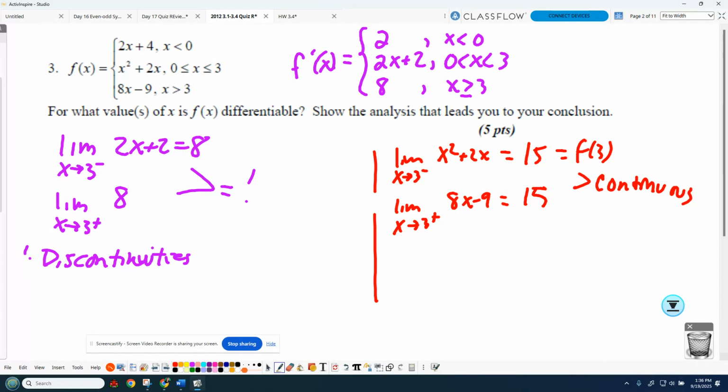Vertical tangent. Ooh, that's the hard one. Vertical tangents, cusps, the birdies. Curvy corners. Oh, I just said the other one. Corners.